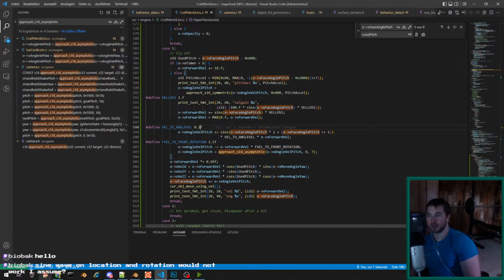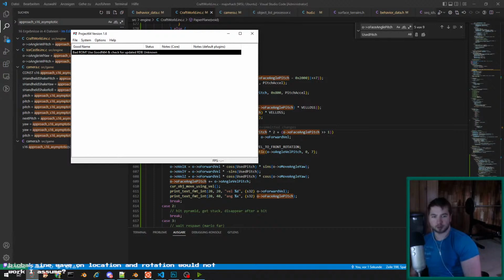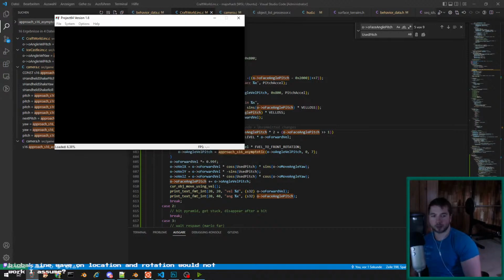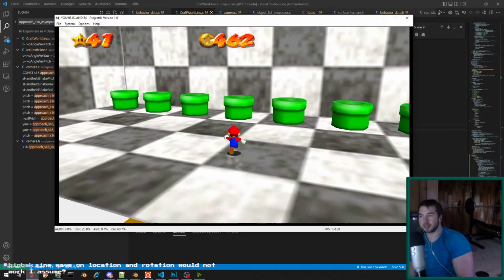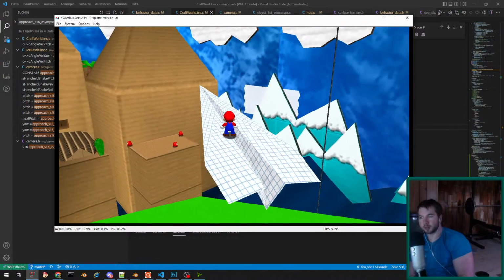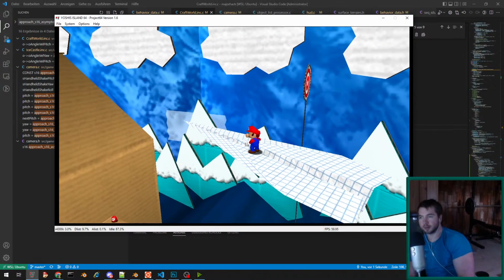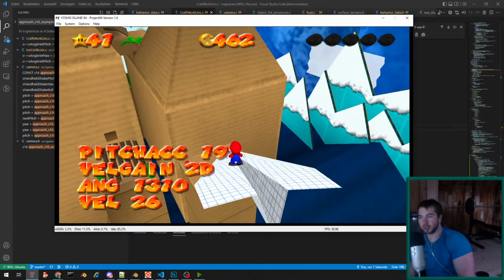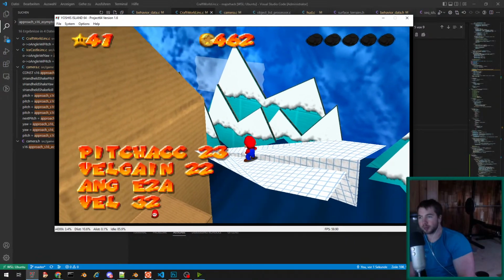Okay, again, too small. A sine wave on location rotation would not assume. It would look decent enough, but it's not what I want. I want the full, like, full broken up wave shape.